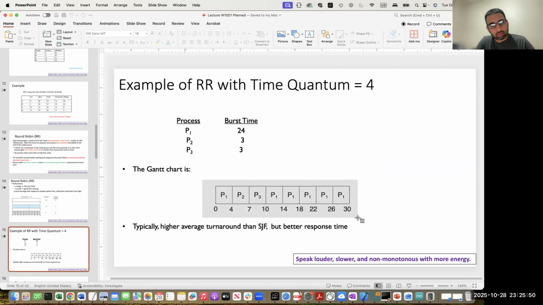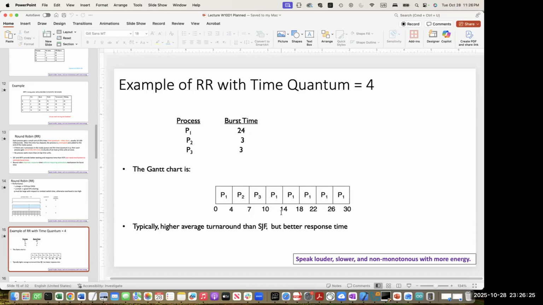Yeah, that makes sense to me. Because every time the time slice of a process expires, that process is put back into the ready queue at the tail of the ready queue. So at 14, P1 is done for 4 time units, and then it is put back in the ready queue at the tail. Then the scheduler will go and check, is the ready queue empty or not? No, it's not empty. P1 is there.